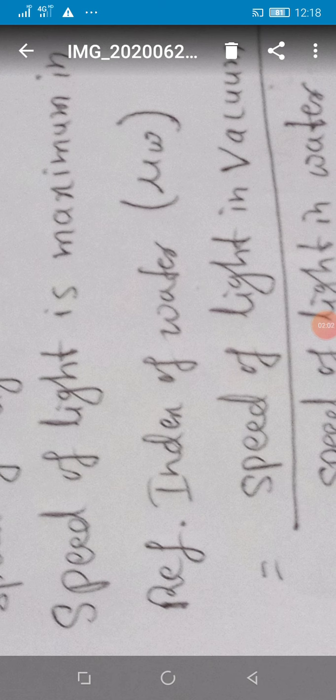So at the interface where the light is entering the water, the medium is changing, so that light will bend. How it will bend, we'll see later on. But light will bend, meaning it will change its path. When will it bend? When the medium is changed. This bending is, student, known as refraction of light.